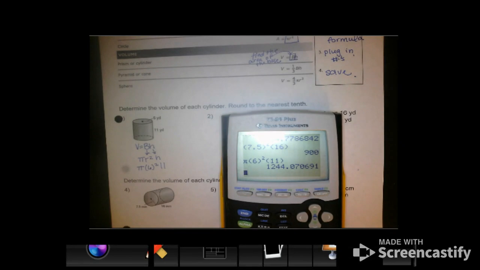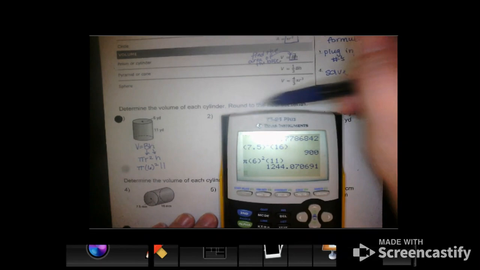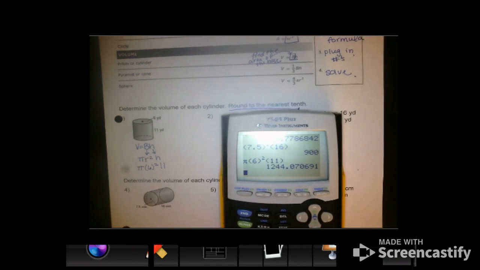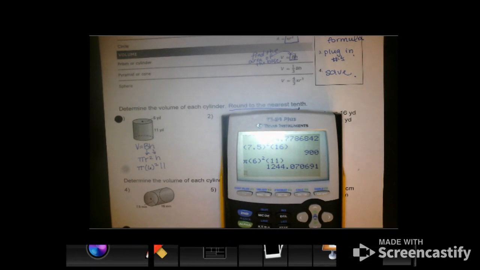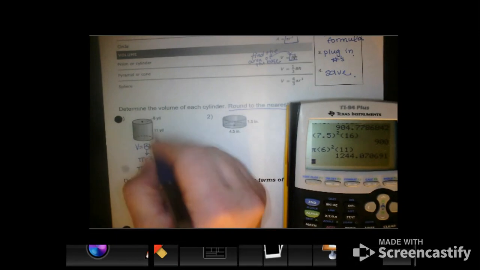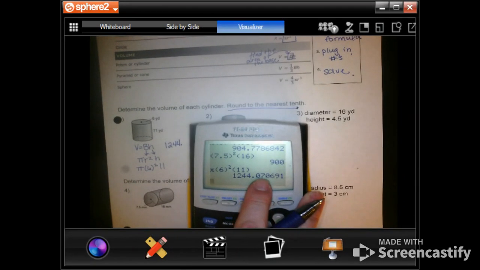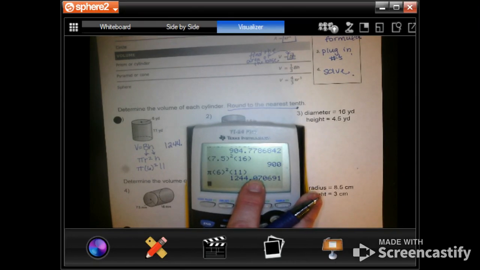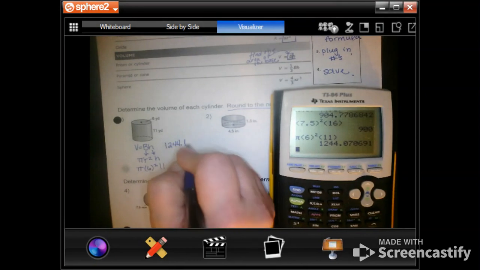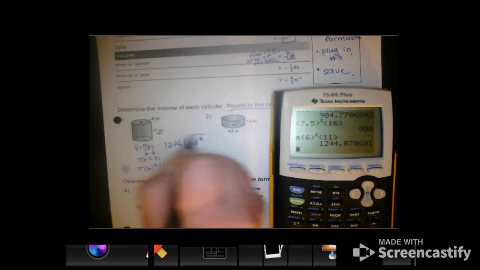Then what does it say to do? Round to the nearest tenth. How do I round that to the nearest tenth? The 0 would turn into a 1. So 0, 7. So I look at the 7. It's 5 or more, you add 1 more. So that would turn to a 1. And then you use your unit of measurements. Yards cubed.